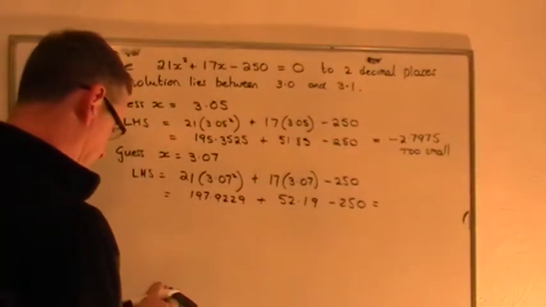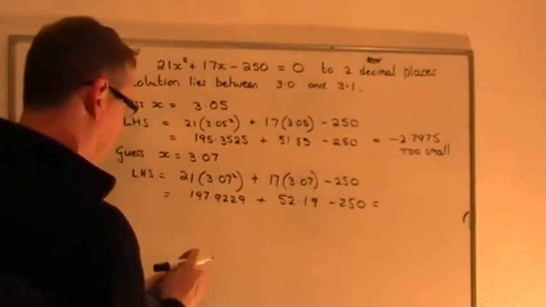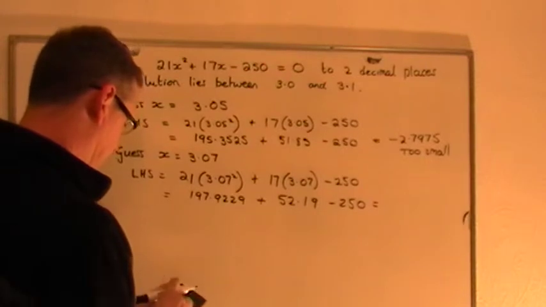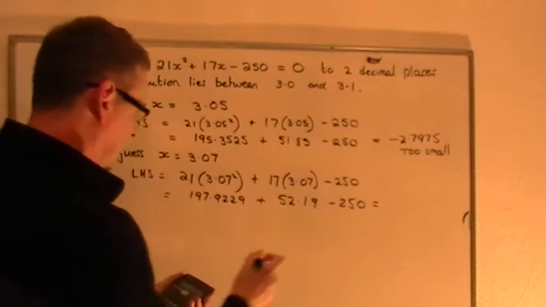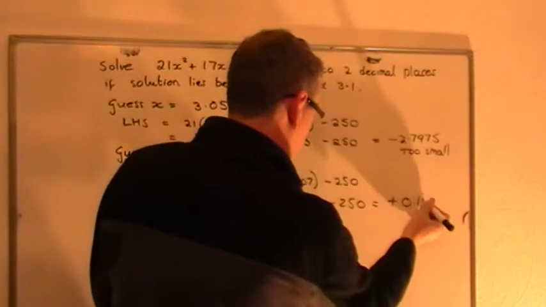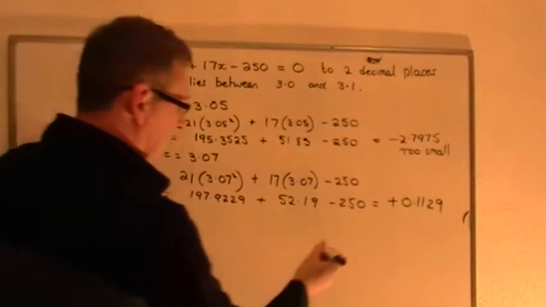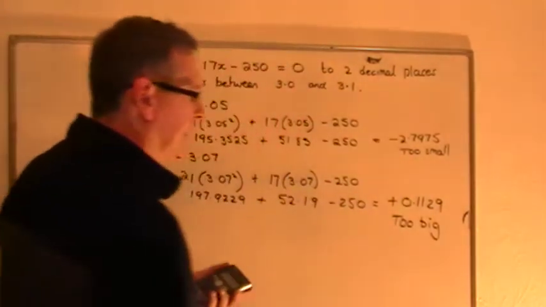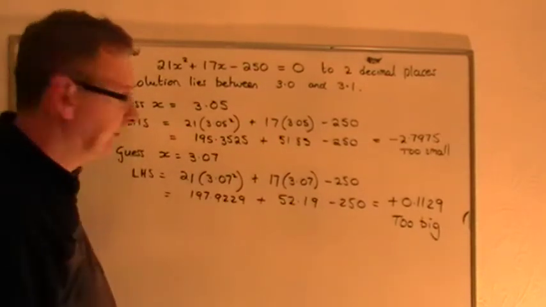Okay, so if I work out the answers to this, ignore the chimes in the background, we get an answer of positive this time, positive 0.1129. I want it to be 0, so this time it's a bit too big. So 3.07's gone too big.